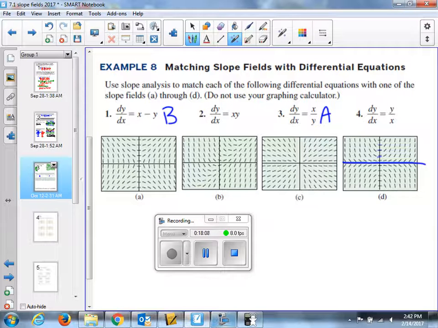D? What do you notice about this? Now, obviously C, but when you look at this, where are you going to have undefined values? Yeah. So it makes sense that y's are all zeros, but when x equals 0, you would have an infinite slope, and that's not going to show up. It's undefined. That's why C would be the answer to this.